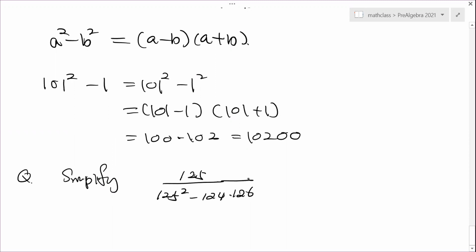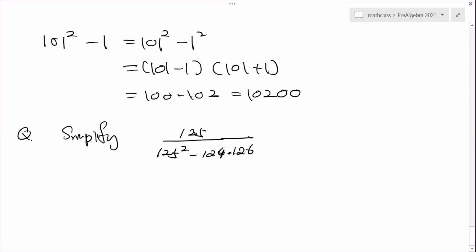How about this? Find a way to simplify this fraction. What is the best way to solve this problem?